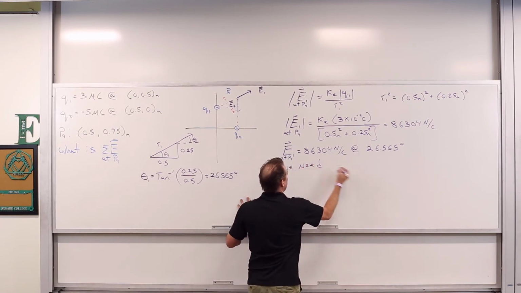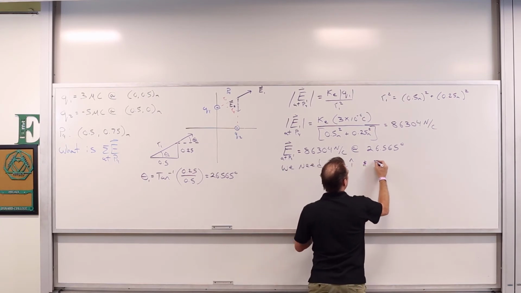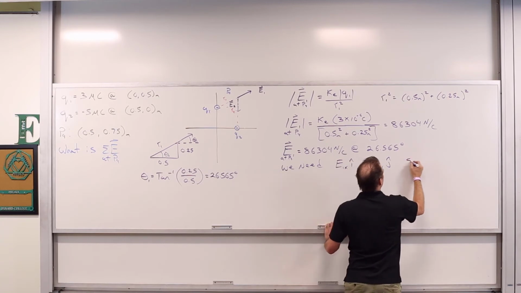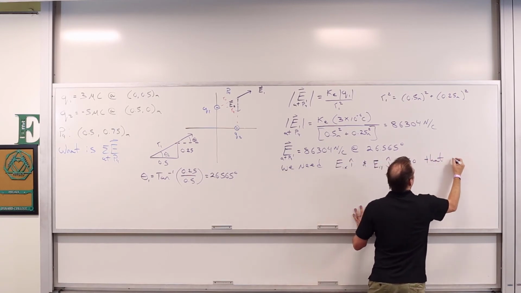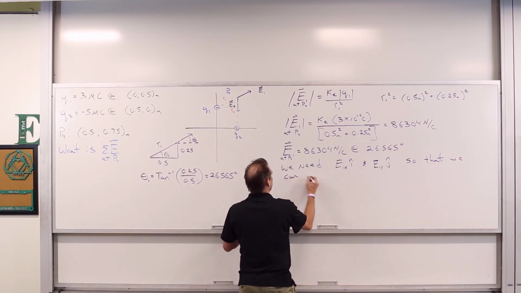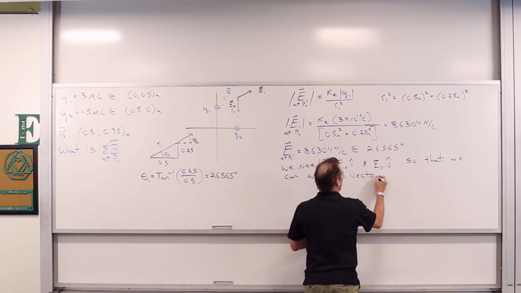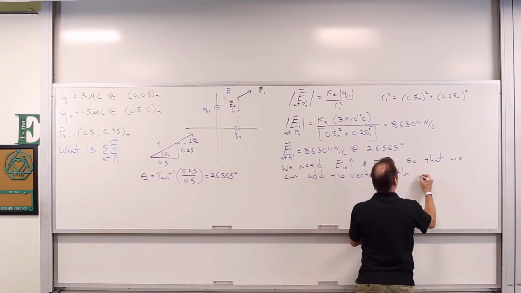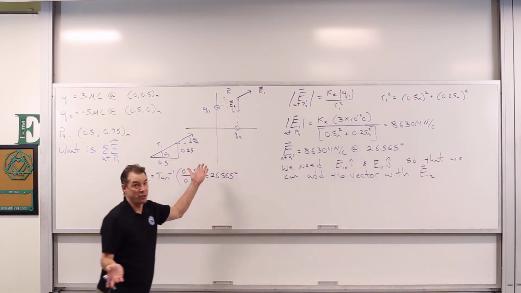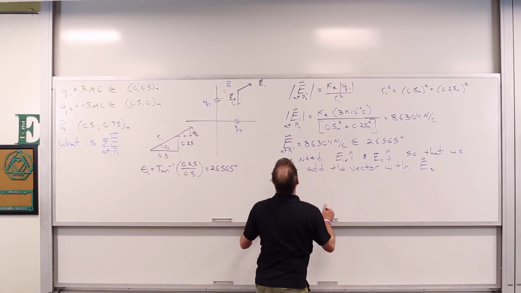We need E1x i hat and E1y j hat, so that we can add the vector with whatever E hat 2 may be. By inspection, E hat 2 is in the negative j hat direction, so that's going to be easy. But anyways, we want to get this.